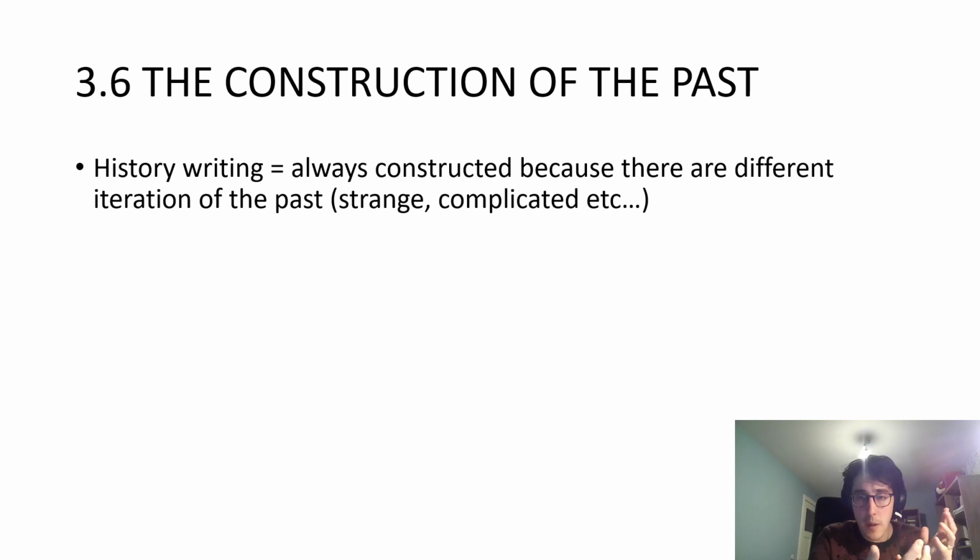Right, so when we construct a past, it is important to know what type of past we are looking at, and to be aware that we can construct a past in different ways, as complicated, as strange, or as still affecting the present. As historians, we have to be aware that these things happen when we write a history book, even when we do diplomatic history.